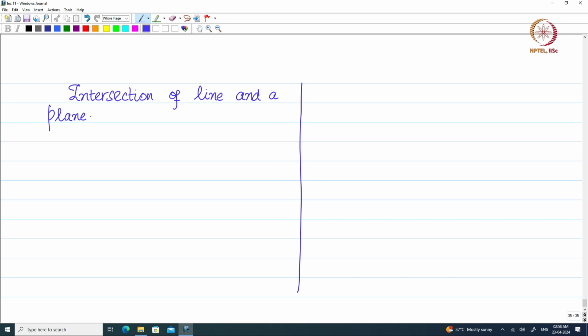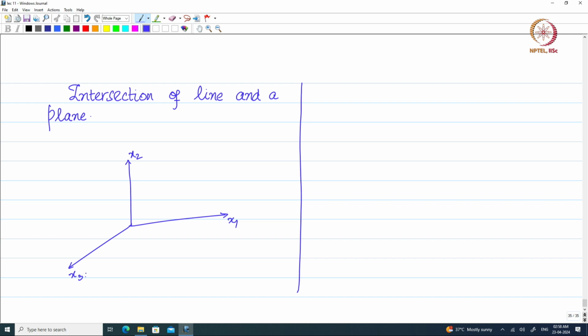So, assume that we have the same, let us say this is our x1 axis, let us take this as x2 axis, and let us take this as x3 axis.